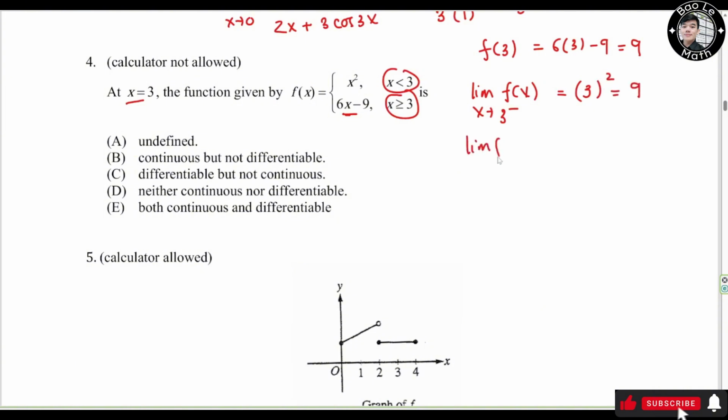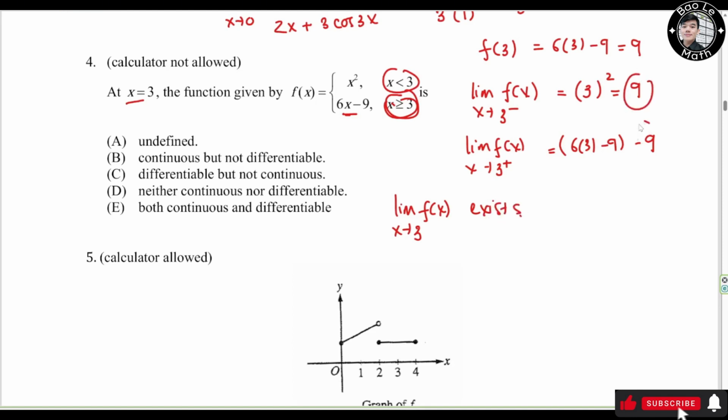And the limit of f of s when s approaches 3 plus, right? So it could be this guy right here. 6 times 3 minus 9. It's going to be 9, right? So we see that the limit of f of s when s approaches 3 exists, right?